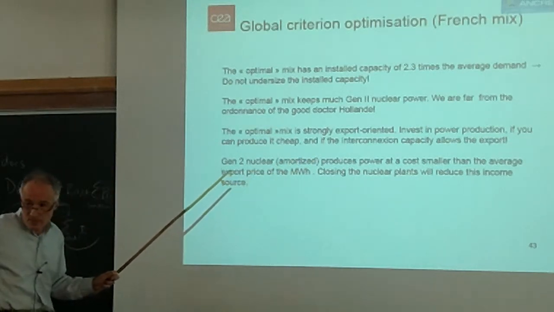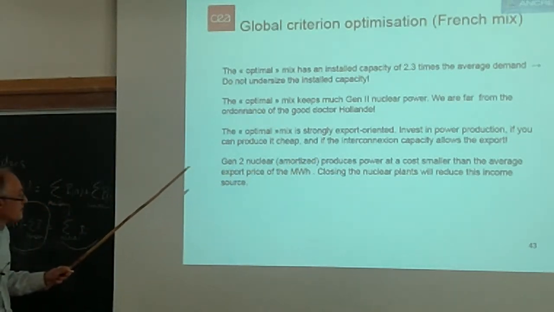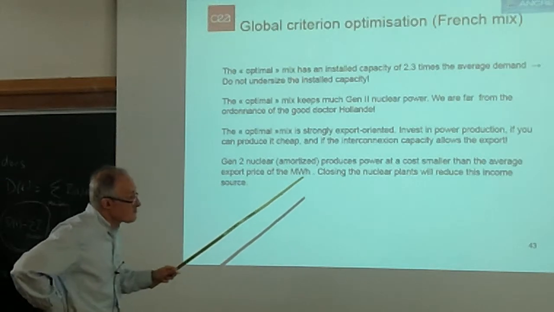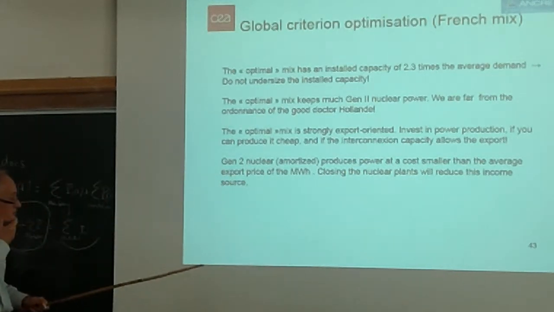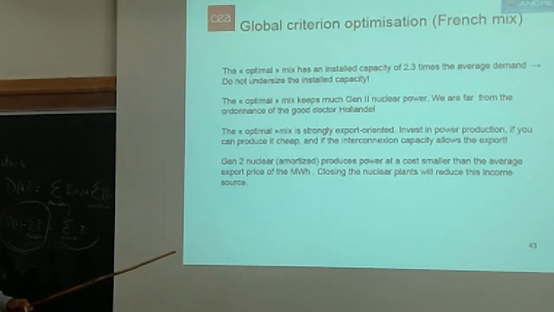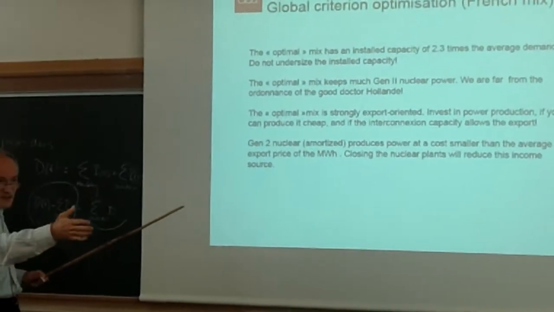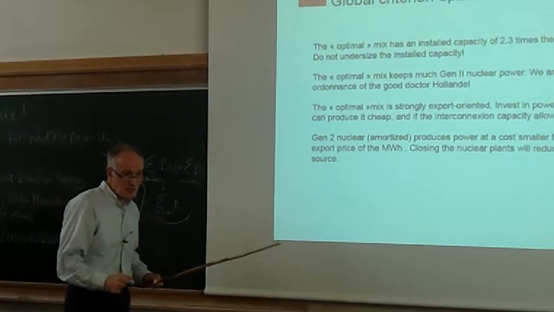We export power from France, and it is valuable to invest in power production if you can produce it cheaply and if the interconnection capacity allows exportation. So I would strongly advocate the increase of the interconnection capacity.